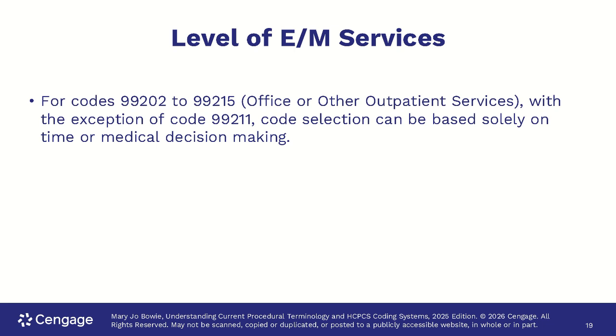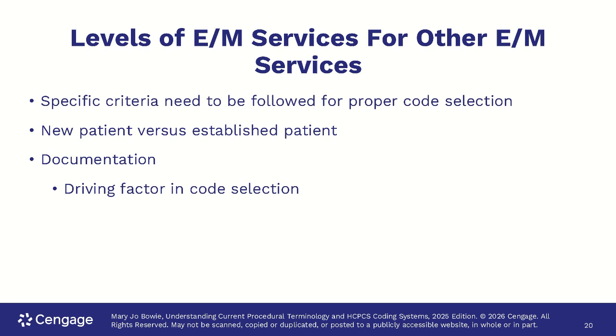So if you go back over to 99202, for example, you'll see that that's straightforward medical decision making, or the 15 minutes. 99203, low medical decision making, or the 30 minutes. 99204, moderate medical decision making, or 45 minutes. 99205, high medical decision making, or 60 minutes.